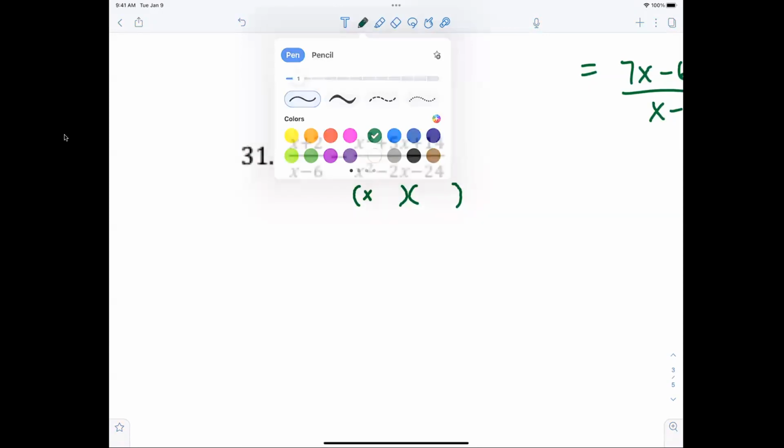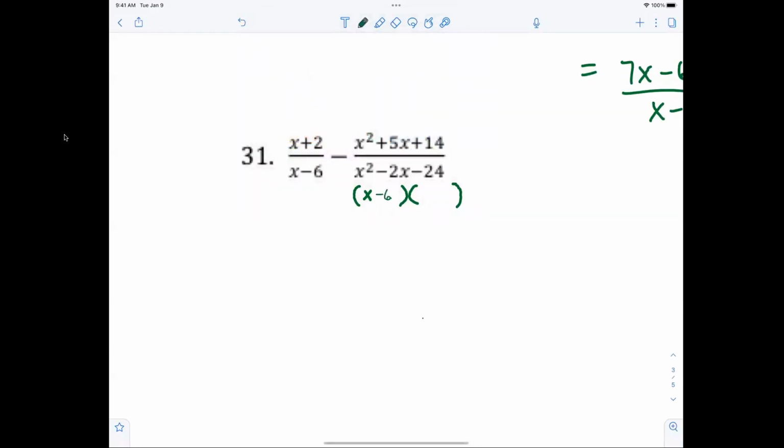All right. So because we know it's x minus 6 and x plus 4, I just want to see how good you guys are. Somebody tell me what the common denominator would be. What is it? So let's do this. What is common? The common is x minus 6. What's not common? I need it to be there so I can add the fractions.